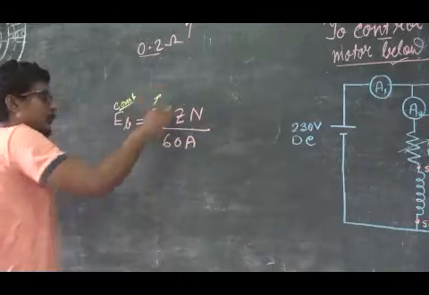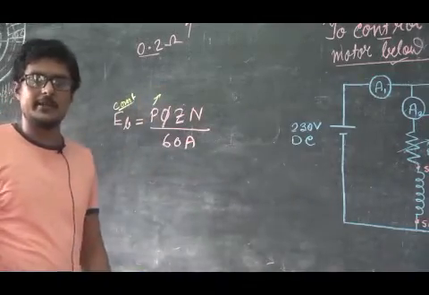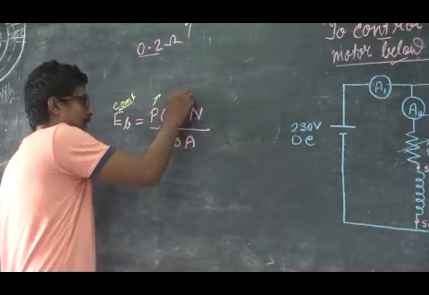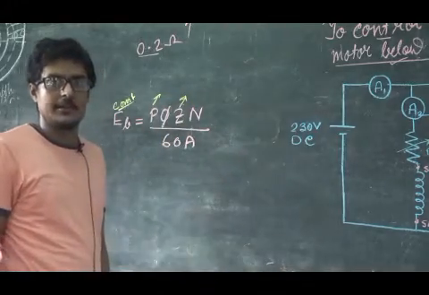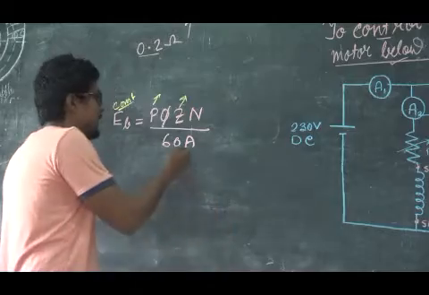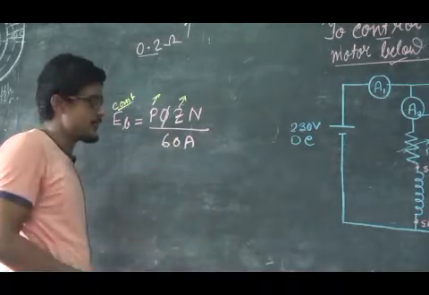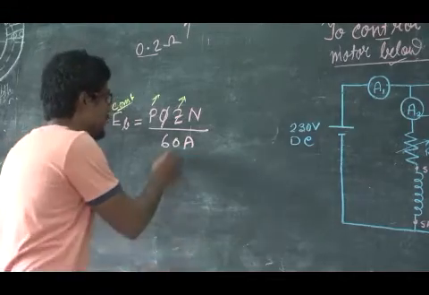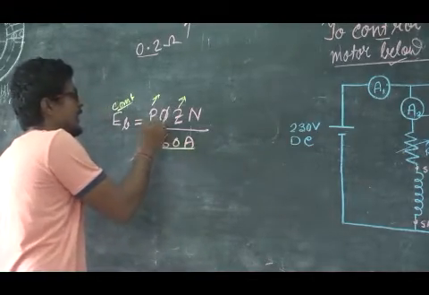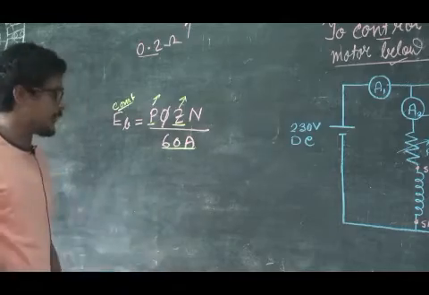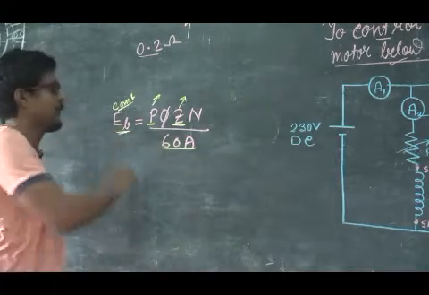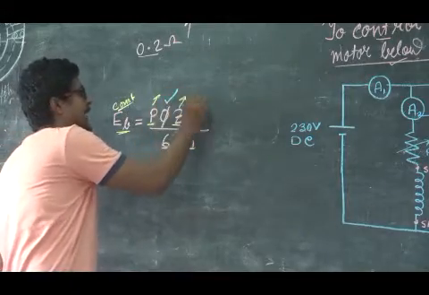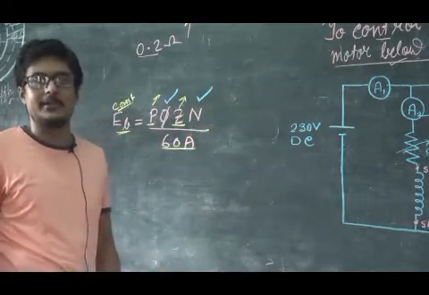P is the number of poles, it is a physical property, so it will also remain constant. Z, the number of conductors, is also a constant value. 60 is itself a constant number, and A is the number of parallel paths in a motor, which is also constant. So all these terms highlighted with yellow chalk are constant, leaving behind phi and N to be the variable terms.